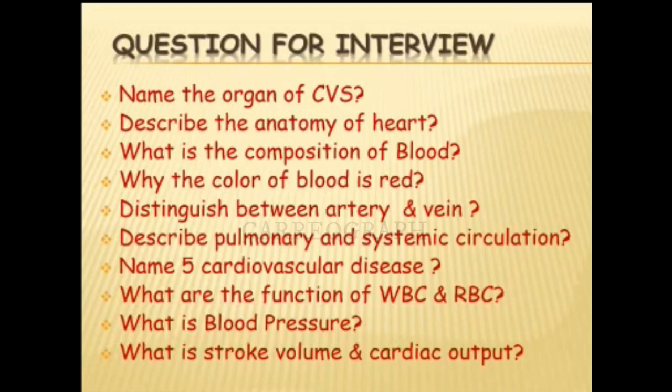Questions are: name the organs of the cardiovascular system, describe the anatomy of the heart, what is the composition of blood, why is the color of blood red, distinguish between artery and vein, describe pulmonary and systemic circulation, name 5 cardiovascular diseases, what are the functions of WBC and RBC, what is blood pressure, what is systolic blood pressure and what is diastolic blood pressure, what is stroke volume and cardiac output.